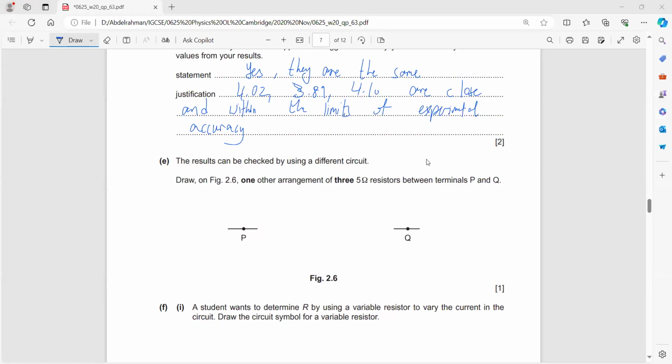Okay. I can draw them all in parallel, for example. You can draw the 3 of them in parallel, or you can draw 2 of them in parallel and only 1 in series. It doesn't matter.